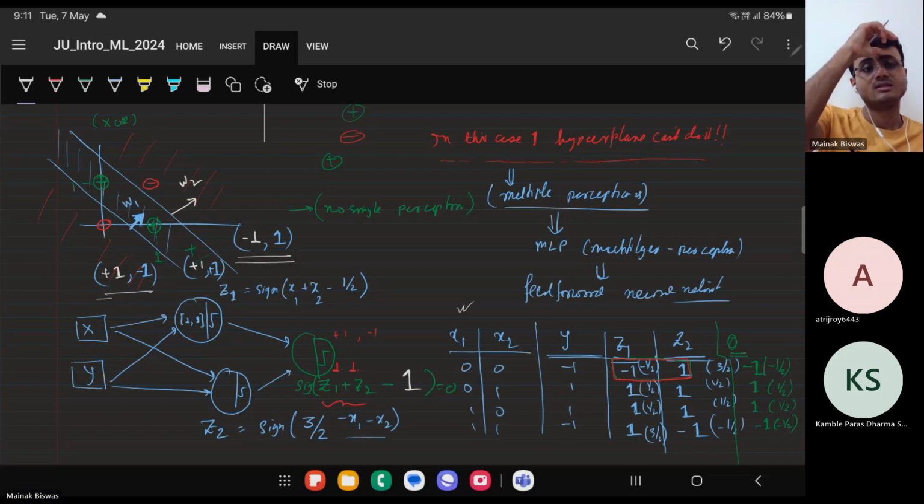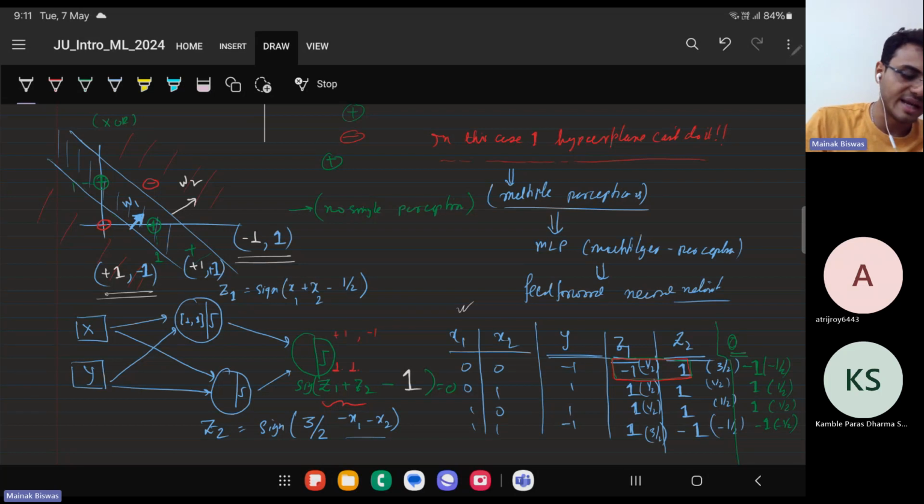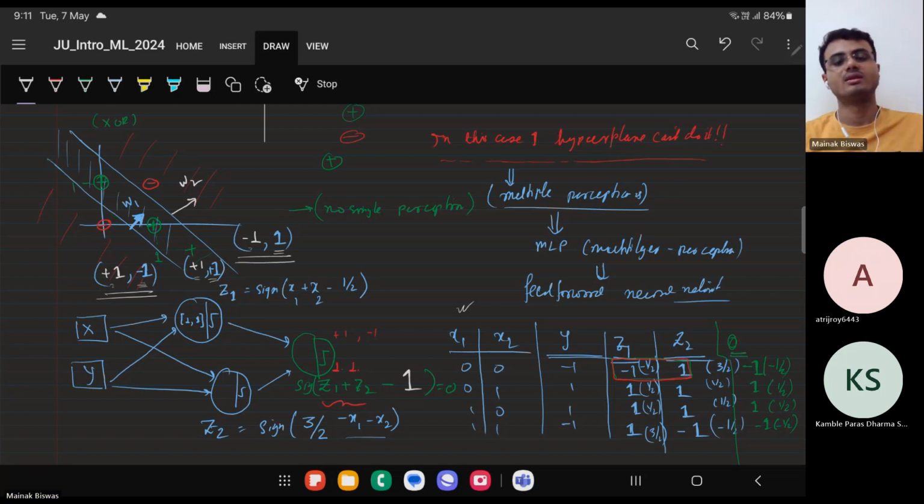For the blue one, everything above it is positive. For the white one, everything below it is positive and everything above it is negative. Clear?